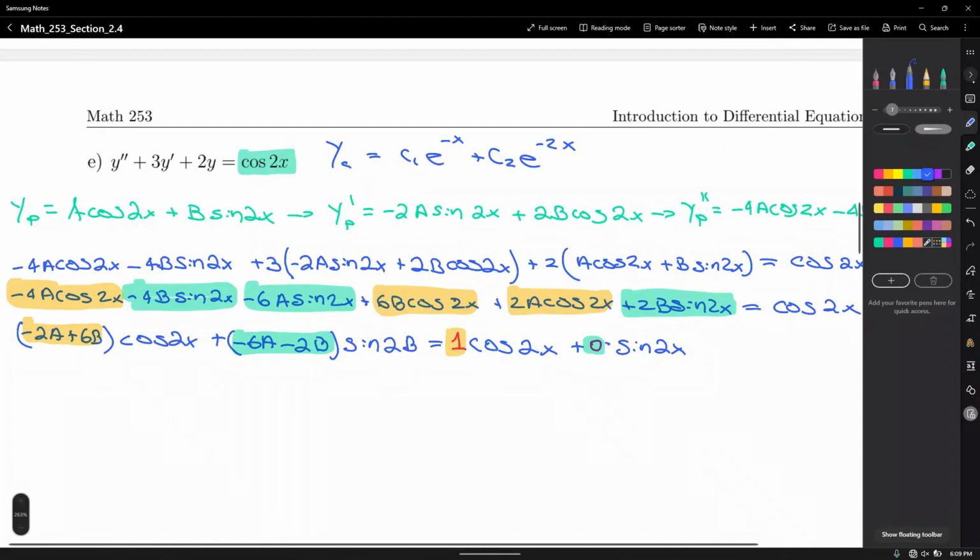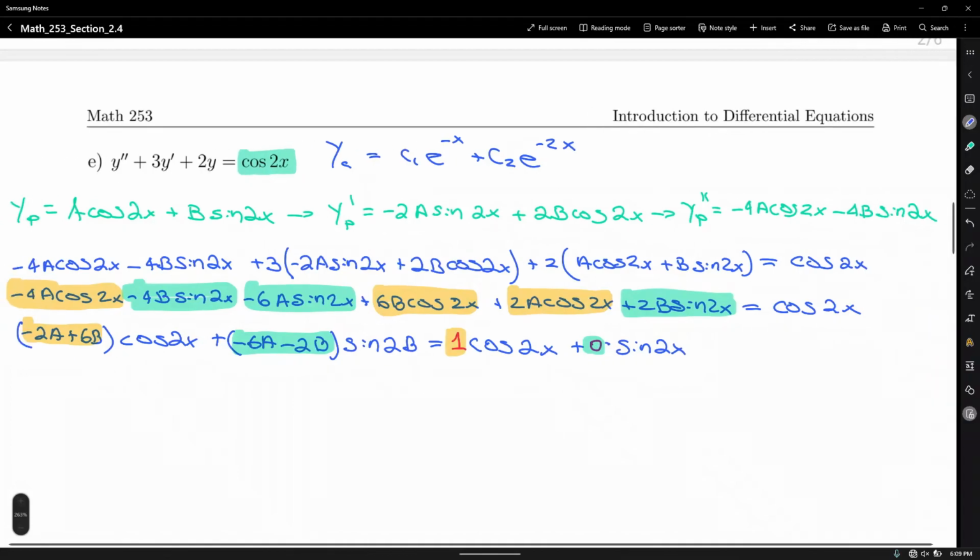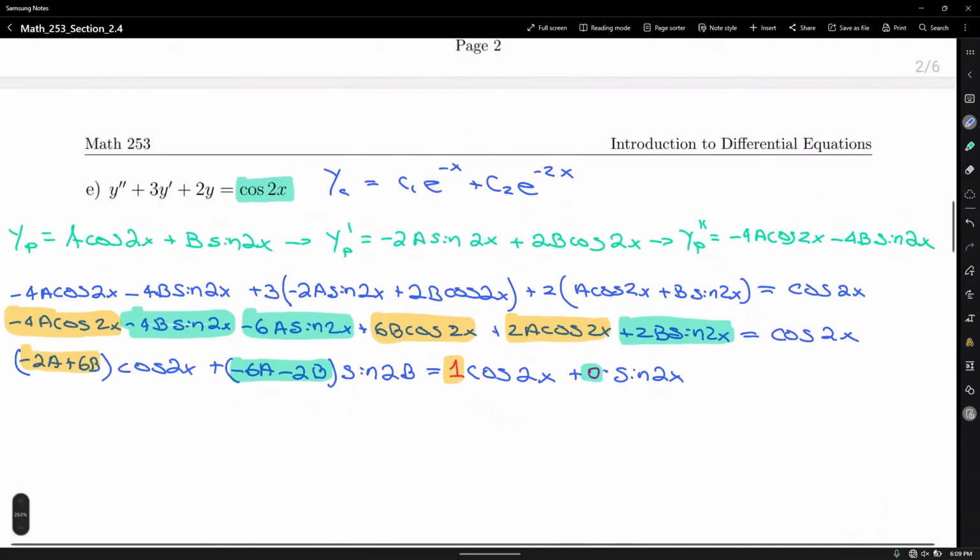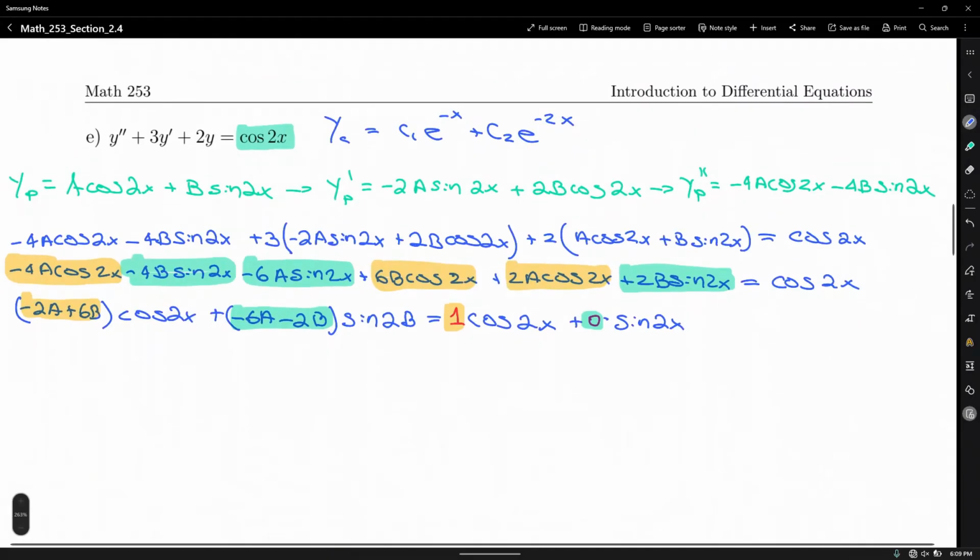All right, let's solve the system of equations. This gives rise to a system of two equations with two unknowns: negative 2a plus 6b equals 1, and negative 6a minus 2b equals 0.